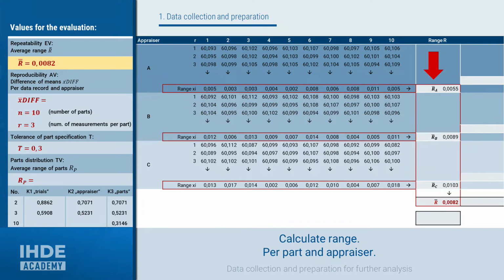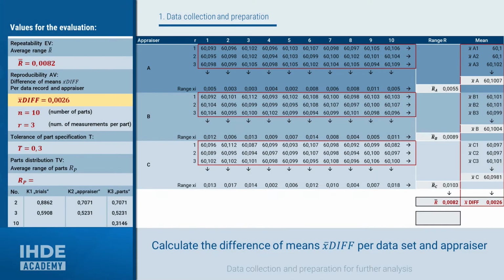Now, the mean value must be calculated from these 3 average ranges. We see this on the bottom right. R-bar has a value of 0.0082 mm and has also been transferred to the table on the left. As said, this value is needed to calculate the repeatability EV.